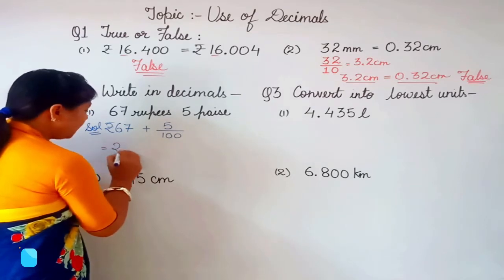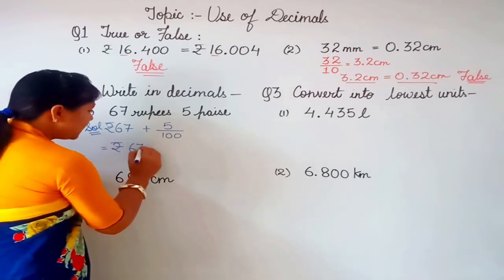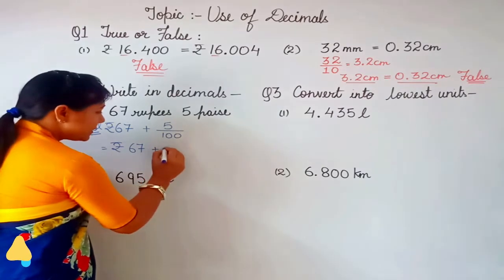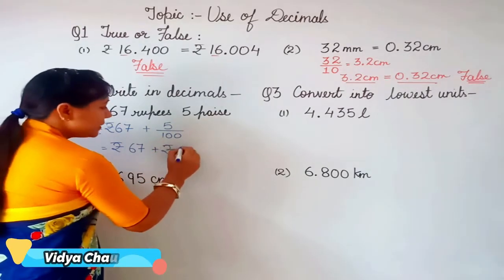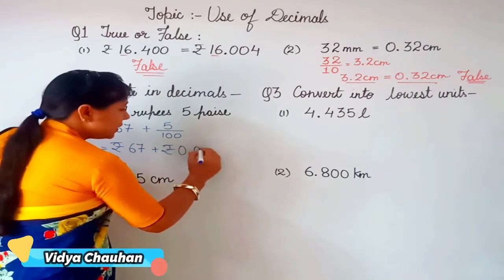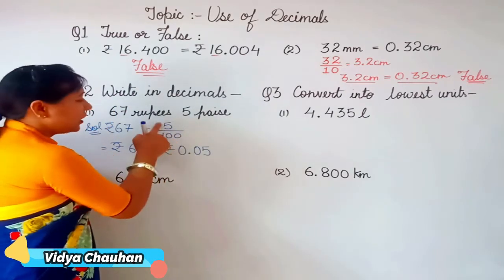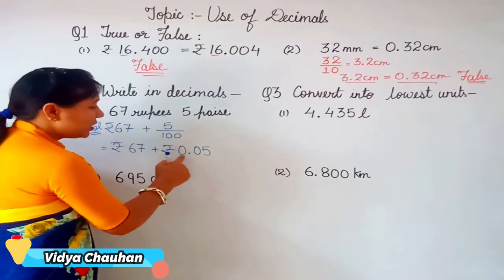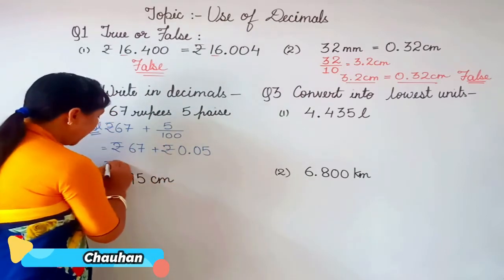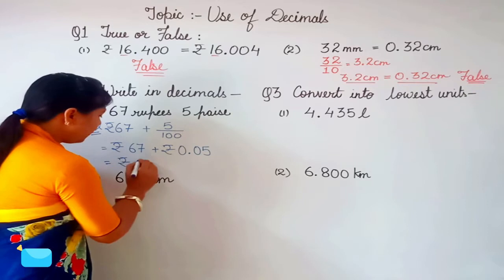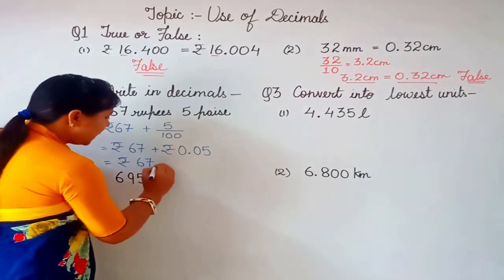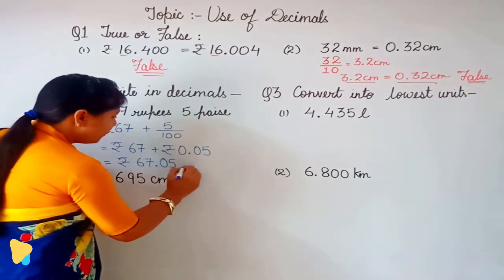In the next step, it will be rupees 67 plus rupees 0.05, since 5 upon 100 as a decimal is 0.05. Adding the two values together, you get rupees 67.05.